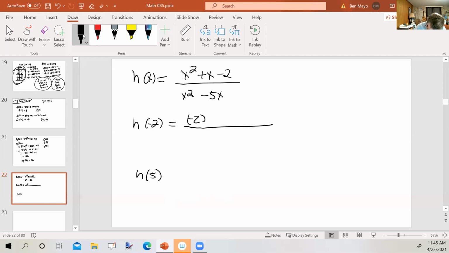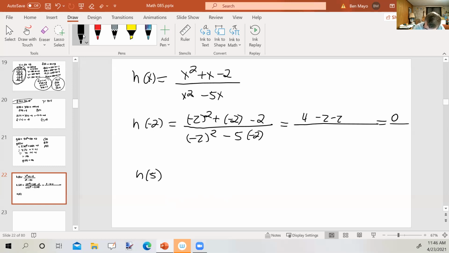So we're going to have -2 the quantity squared plus -2 minus 2 over -2, the quantity squared, minus 5 times -2. -2 squared would be 4, and then 4 plus -2 minus 2 would be 0 on top. In the denominator, -2 squared is 4, minus 5 times -2 would be plus 10, which is 14. But 0 divided by 14 is 0. So h of -2 equals 0, which is a point on a graph.